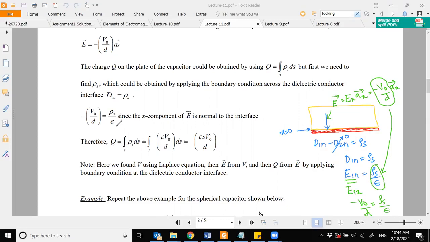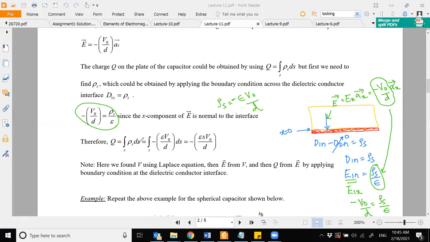That's why I'm getting this one. And from here, I can find rho_s. So my rho_s is epsilon V0 over d. If you want to keep minus, you can keep minus because this is at the lower plate. So therefore, your charge will be negative, and that's why you're getting this minus.